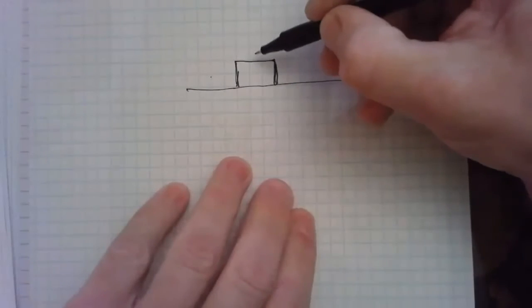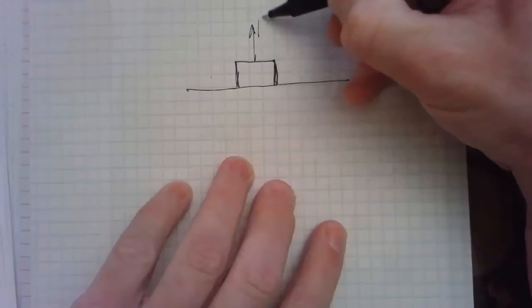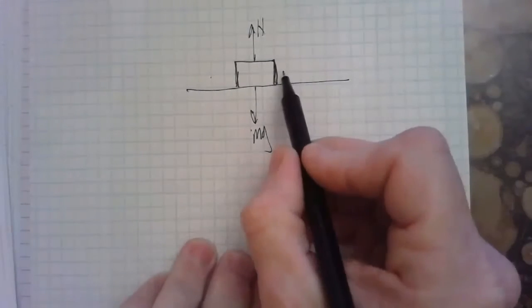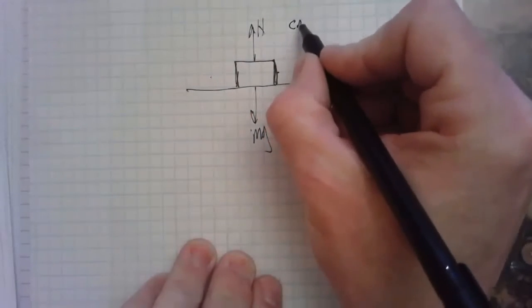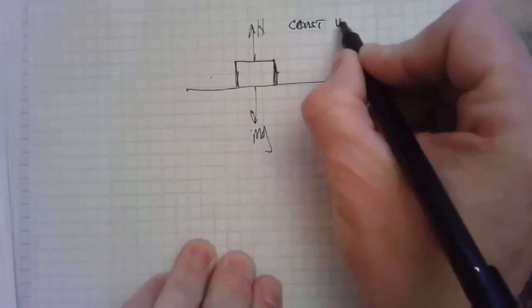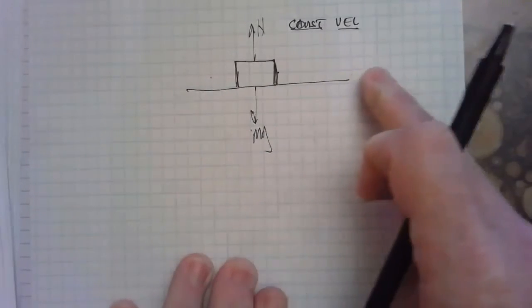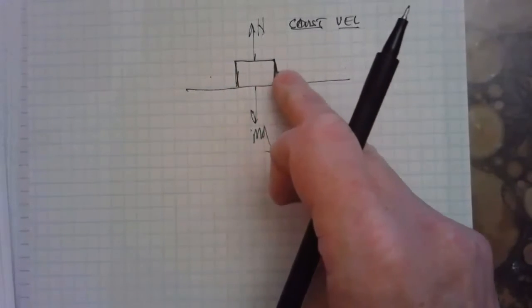Here's what you do. The object has its normal force, fine, and its weight, no big deal. You're going to pull this thing as close as you can at constant velocity. Doesn't matter how fast, as long as it's constant.